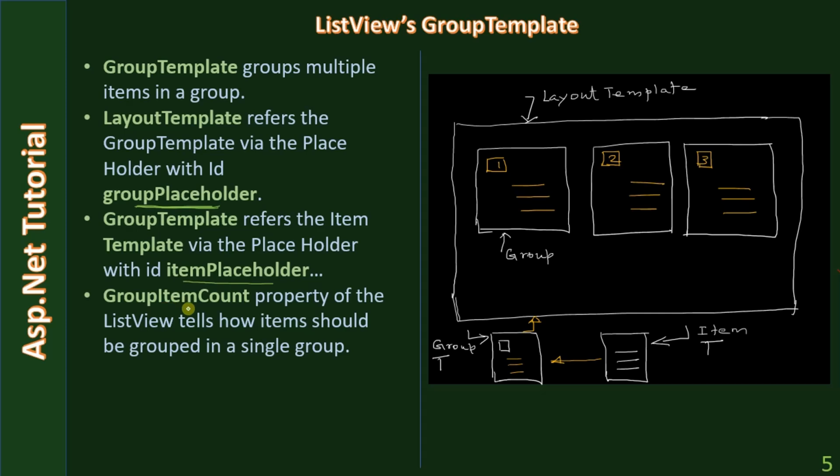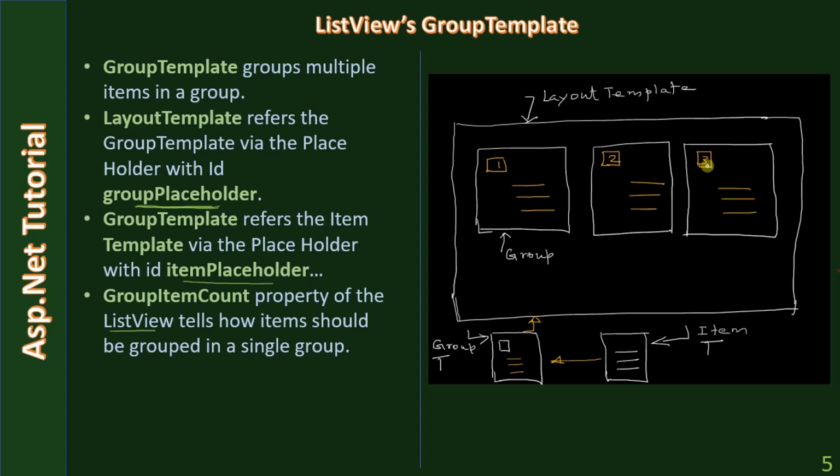So you can make use of a group item count property of the list view, right, to say how many columns need to be presented. So let's read that. Group item count property of the list view tells how items should be grouped in a single group. Say for example, here we are seeing 3, right?